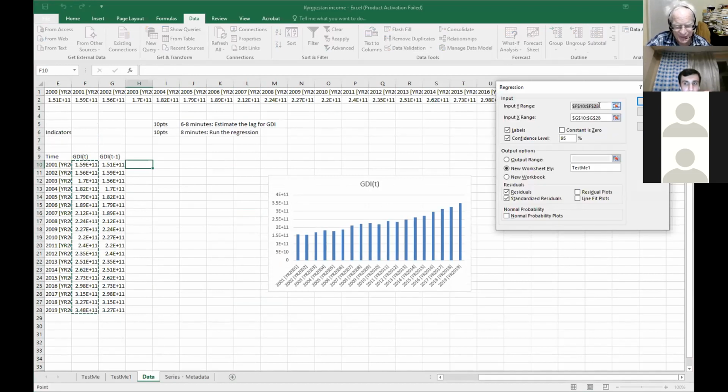This is not my day. I forgot to include the labels, although I took labels off. So the labels are on row 9. So for the dependent variable, we go from F9 to F28.